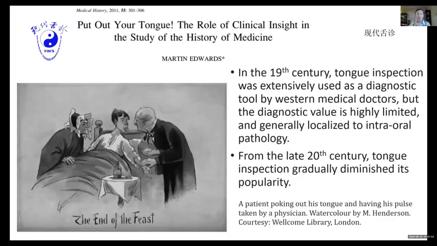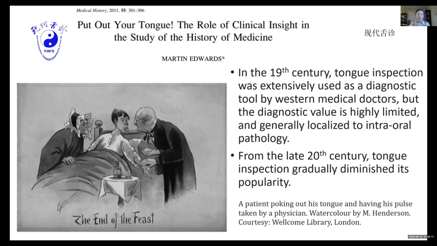So this is a paper in the journal Medical History. In the 19th century, most Western doctors actually looked at the patient's tongue. This is a cartoon in Wellcome Library in London. You can see the doctor not only looks at the tongue, he also puts his finger on the patient's wrist to check the pulse.